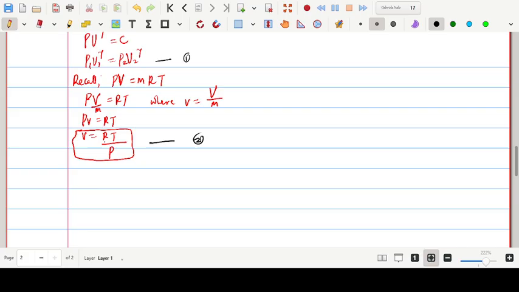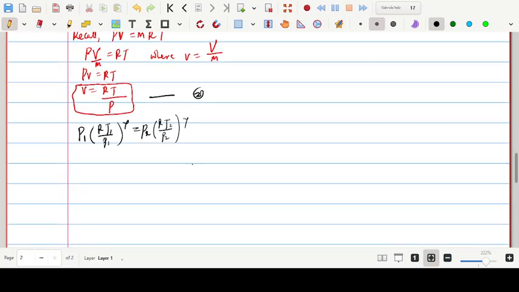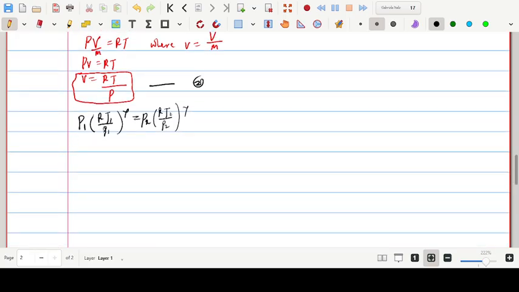So here you put RT over P for every v that you see here. So it changes the equation to be P1, what is my V1 now? RT1 over P1, then raised to gamma, equals P2, which is RT2 over P2, then raised to gamma. Okay, so in this case, don't forget that R is constant.